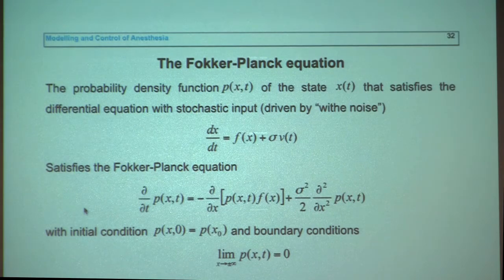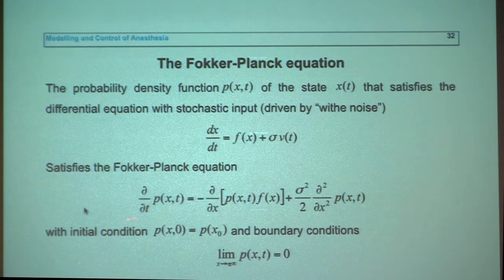And we can ask, since X is now a stochastic process, it must have some probability density function, which depends on X and on time. This evolves in time. How can I compute this? This solves the so-called Fokker-Planck equation.